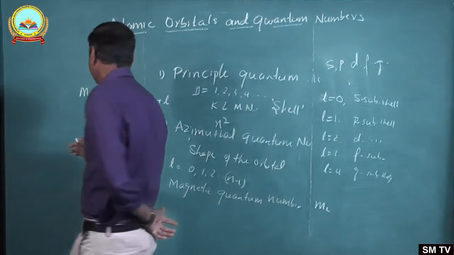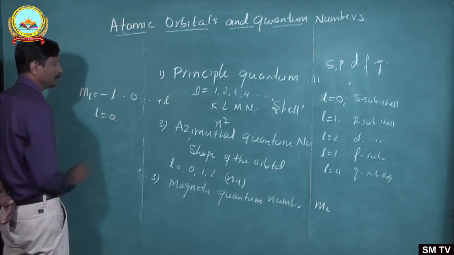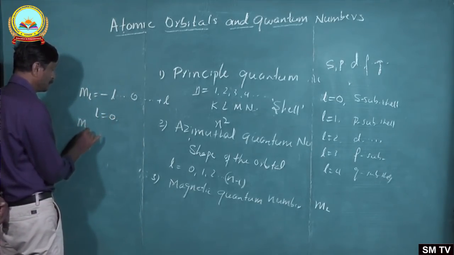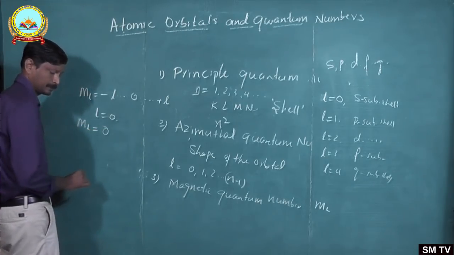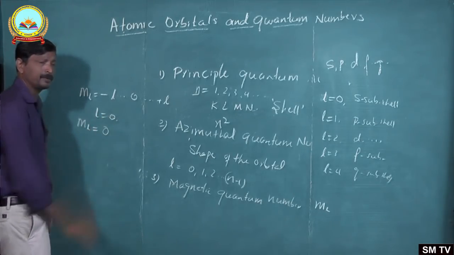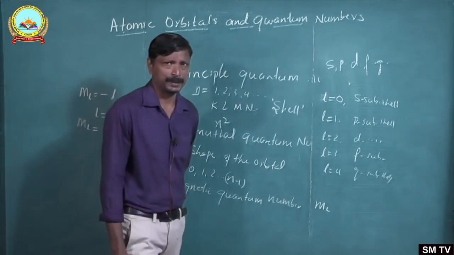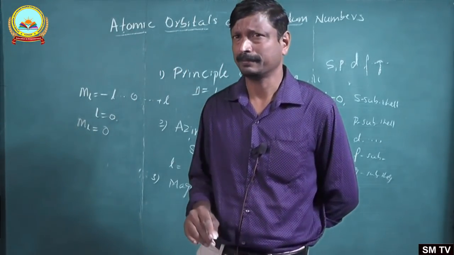For example, if L is equal to 0, m_l has only one value, that is 0. That means L is equal to 0 is an S subshell, and m is equal to 0 means it has only one orientation.